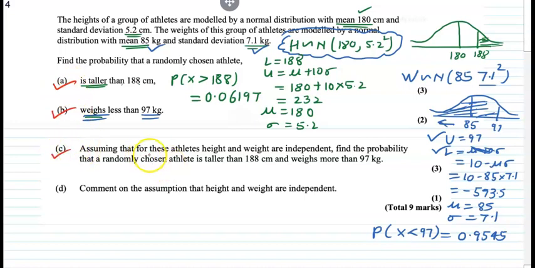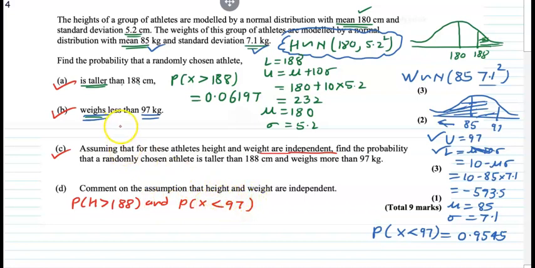Now the C part. Assuming that for these athletes height and weight are independent. Height and weight are independent, it means the probability when h is greater than 188 and the probability when x is less than 97.